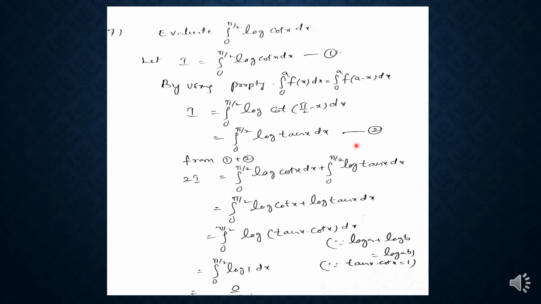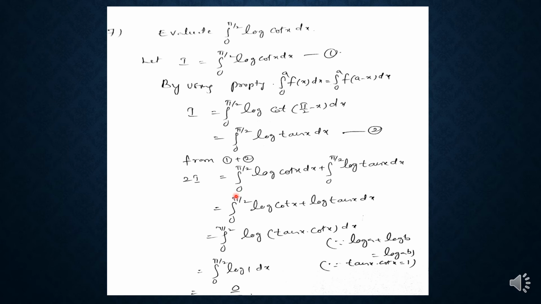Now by adding these two equations 1 and 2, I plus I, 2I is equal to integral 0 to pi by 2 log cot x dx plus integral 0 to pi by 2 log tan x dx.